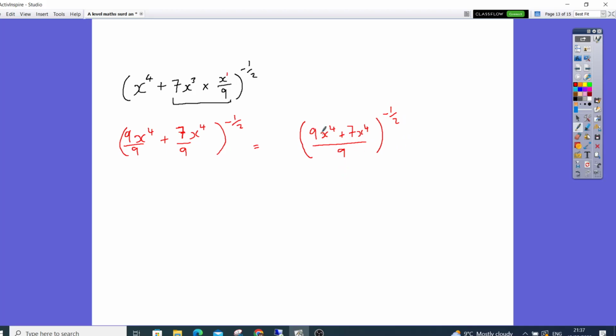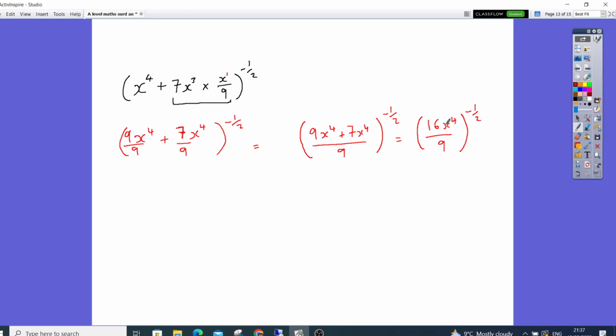Now if I add those together, 9 plus 7 is 16, so I get 16x to the power 4 over 9, and that is all to the power of minus half.